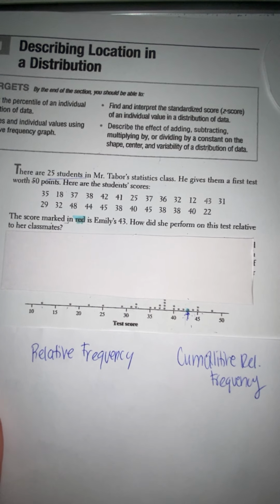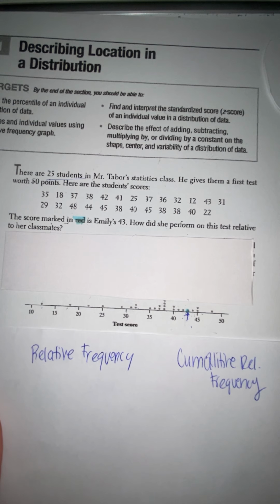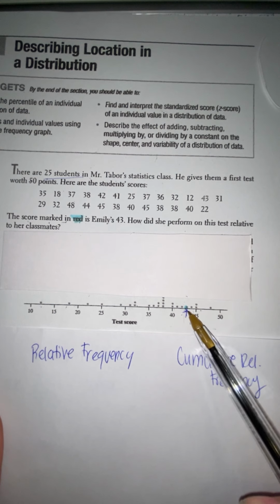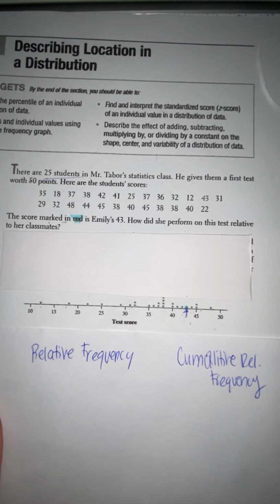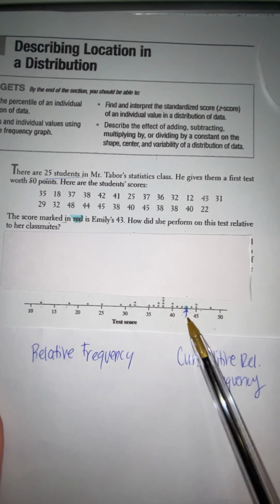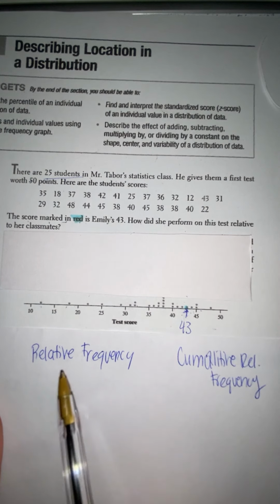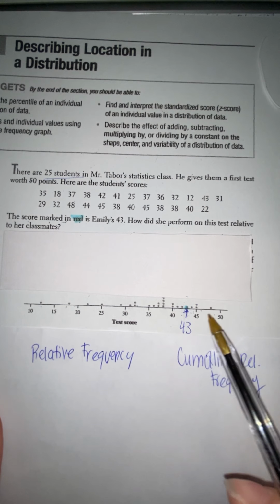Relative frequency is basically telling you the percentage of how many times a student scores 43 in this case. So, how many times does a student score 43 in this class? If you count, obviously, only one time.